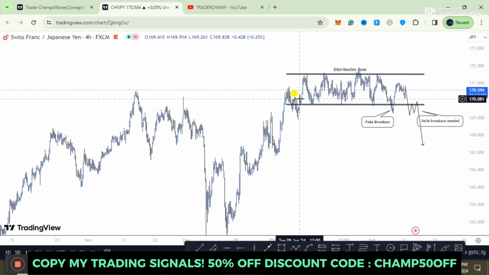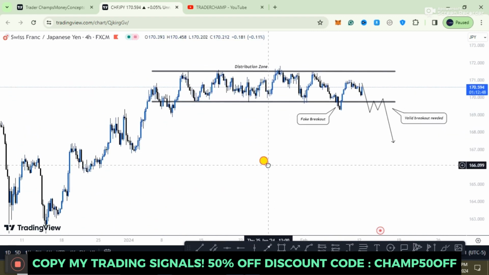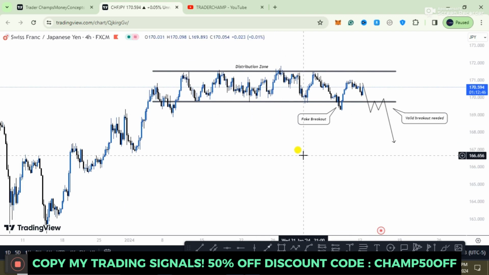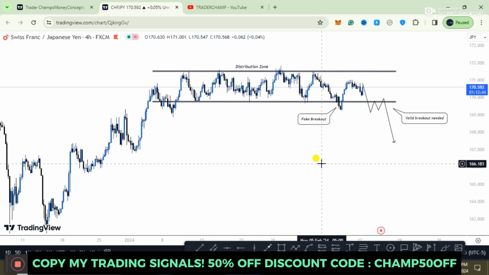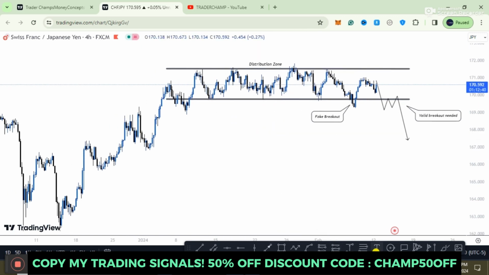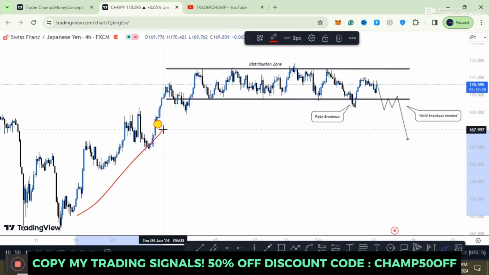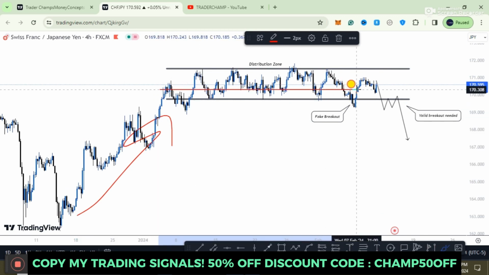The scenario that we can identify on the Swiss franc is completely different to the CADJPY, as here we have identified a distribution zone. Earlier we saw a strong move to the upside and then a sideways market, which means the price is laying off a strong resistance level, right? With a distribution zone we basically expect a bearish breakout.